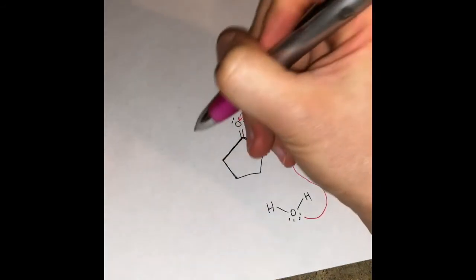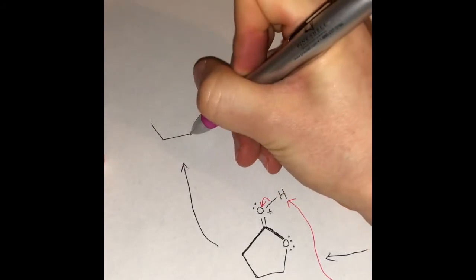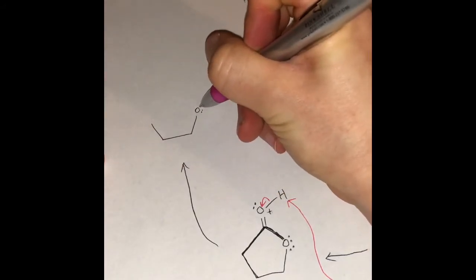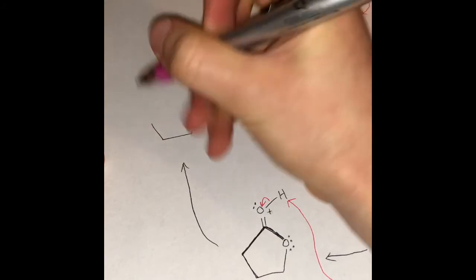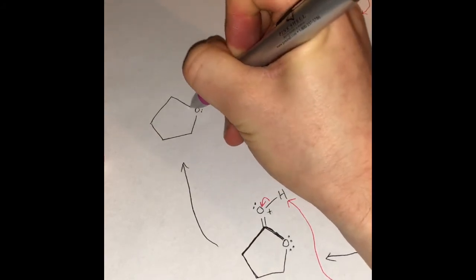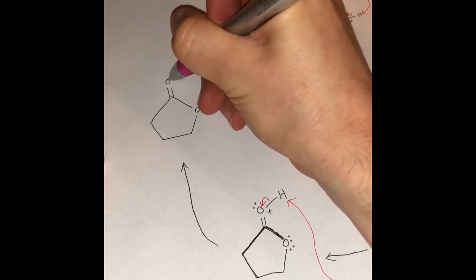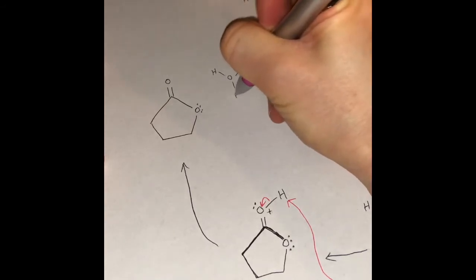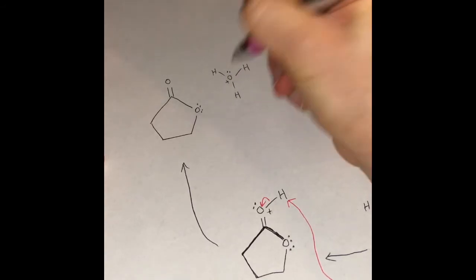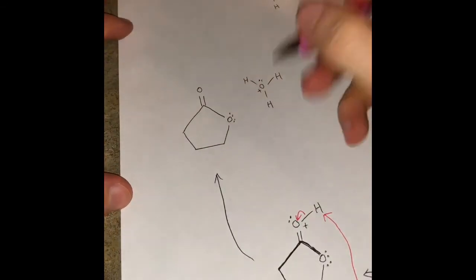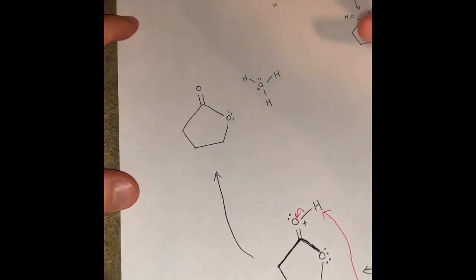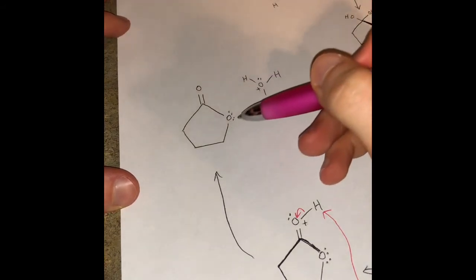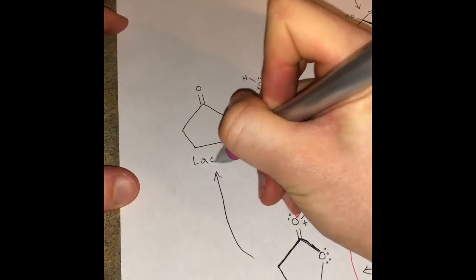So we get rid of that H. And we're left with an acid, so we reform that acid that we started with. And this structure is called a lactone.